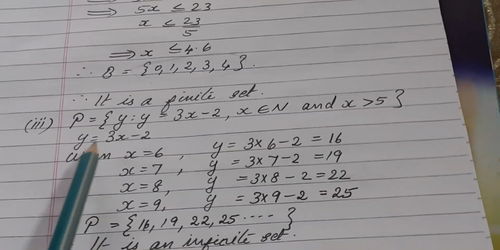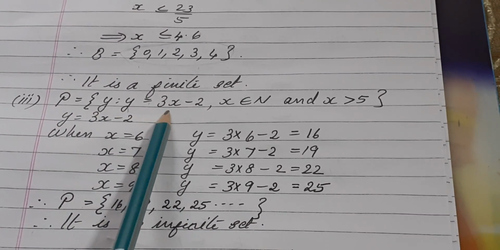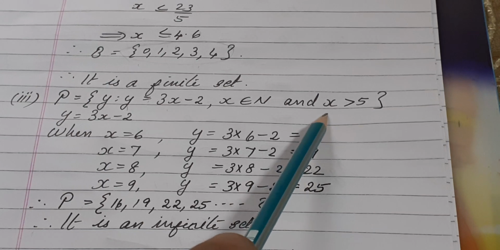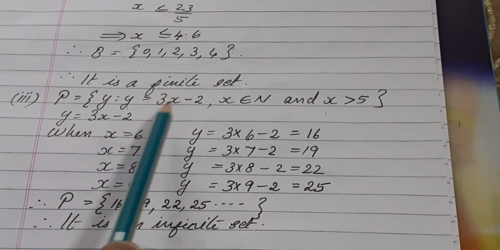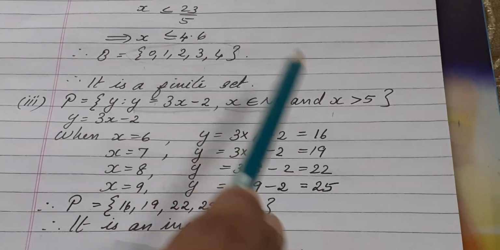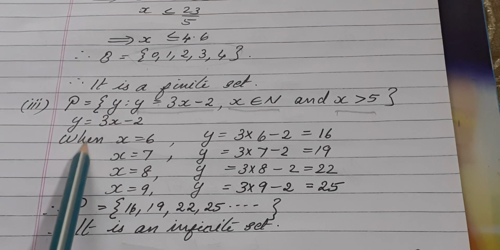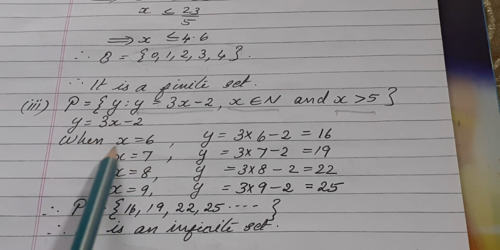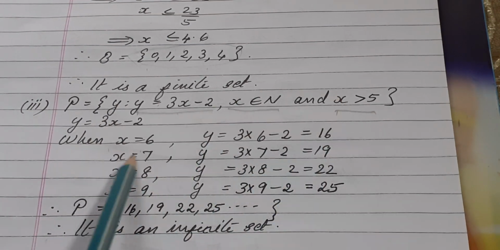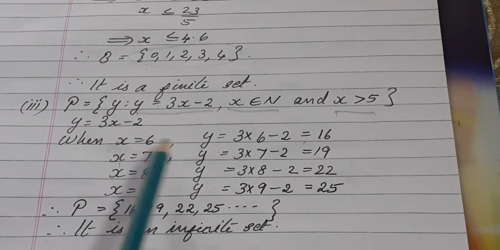Now the third question, if P is equal to the set of all y such that y is equal to 3x minus 2, x belongs to N and x greater than 5. So here the condition is y is equal to 3x minus 2 and x belongs to N. One more condition is there, x greater than 5. So when x is equal to 6, we find the value of y. Then x is equal to 7, we find the value of y.